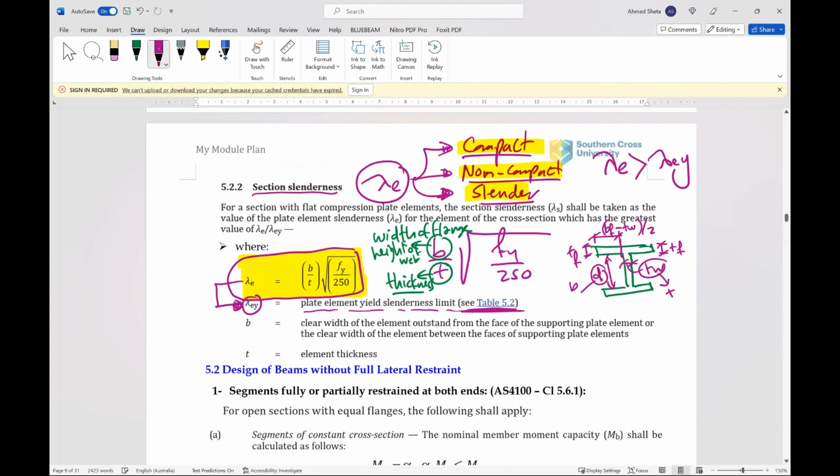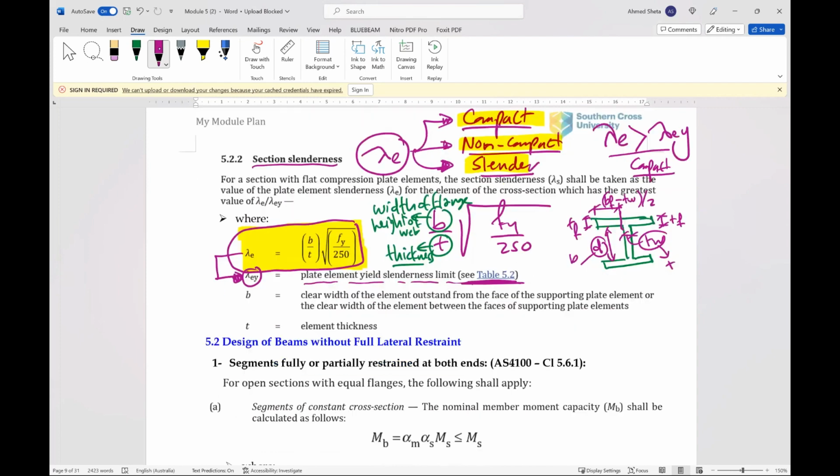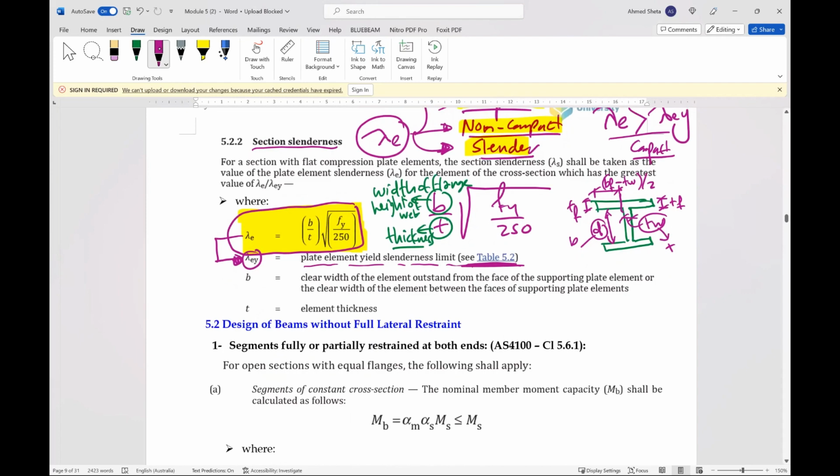If lambda e is less than lambda ey, the section will be compact. If more, it will be slender. And we need also to compare with lambda ep, the plastic limit. You can revise these cases in the previous lecture.